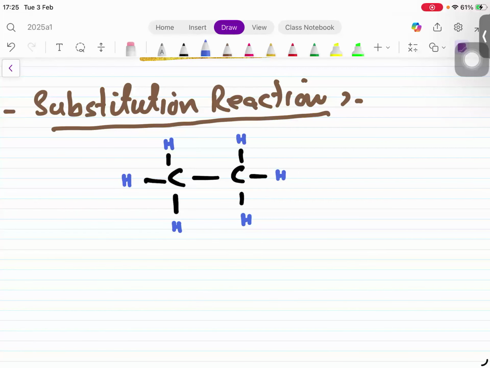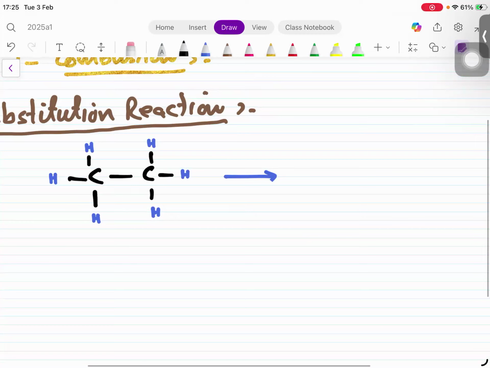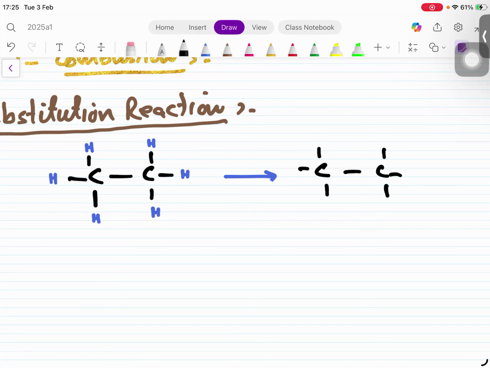So any reaction in which one of the hydrogens of an alkane, let's say any one, has been replaced like this with any other element, let's say at this moment I call that X. So this hydrogen has been replaced with an element X.